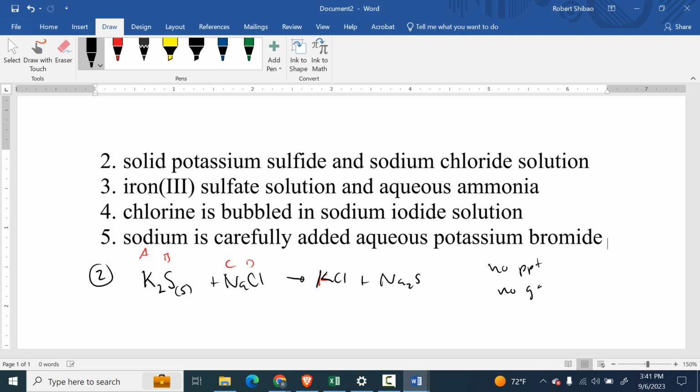Sodium sulfide a gas? No gas. How about stronger acid to weaker acid? Are we going from a stronger acid to weaker acid? No. No stronger acid to weaker acid. And therefore, NR. NR stands for no reaction, but I have to be careful here. I should say that there's no double replacement reaction. There could be other reactions.